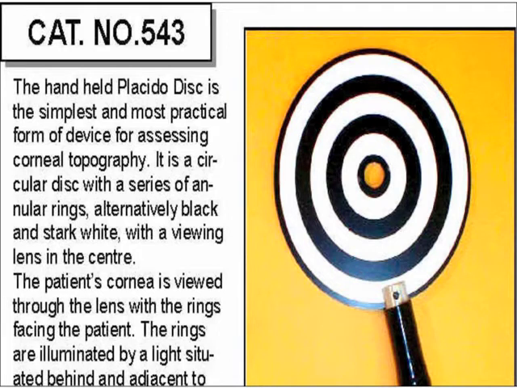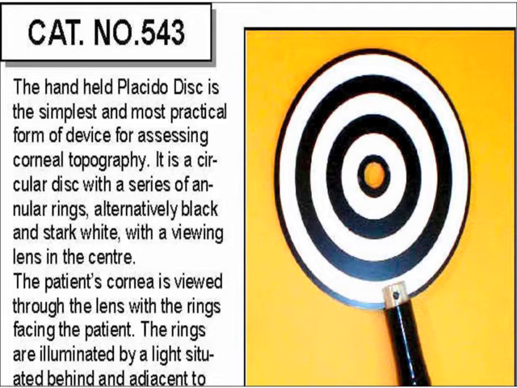Now, I don't know where the eponyms for these devices come from. I mean, this is a piece of cardboard with concentric circles that are black and white. But Dr. Placido obviously thought of this first, and Dr. Young came along later on, so that's why this is not a Young disc. But at any rate, it's a Placido disc.